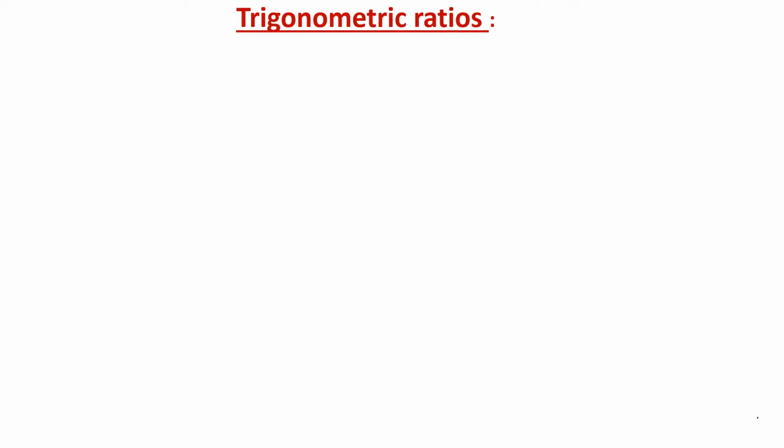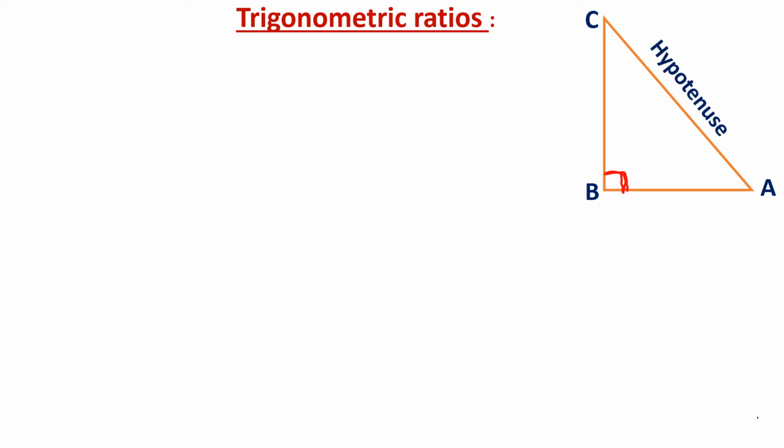Trigonometric ratios. Let us see this triangle, children. This is a right angle triangle. At least one angle is a right angle. That type of triangle is called a right angle triangle. The side opposite to this right angle is called the hypotenuse, the longest side of the right angle triangle. Consider this angle as theta.